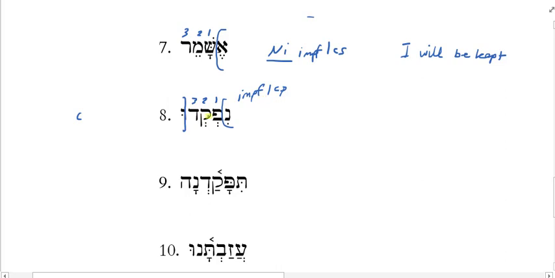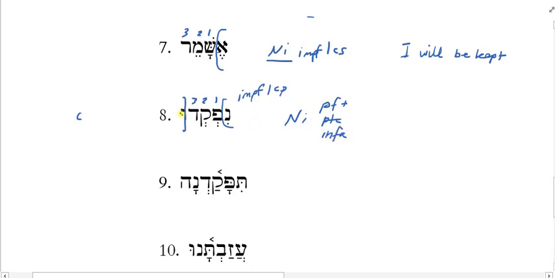But is there a form that we have learned with a noon prefix and a shureq at the end of it? Not for the imperfect, right? Not for the 1CP prefix noon. So I've got to think that might be a Nifal noon. And if it's a Nifal noon, what are my 3 Nifal forms that have prefix noons visible? Perfect, participle, and infinitive absolute.